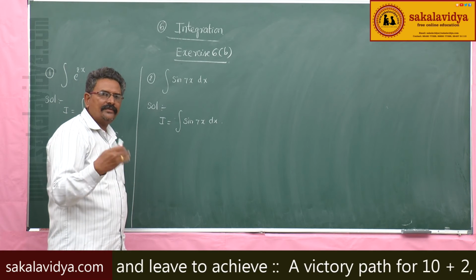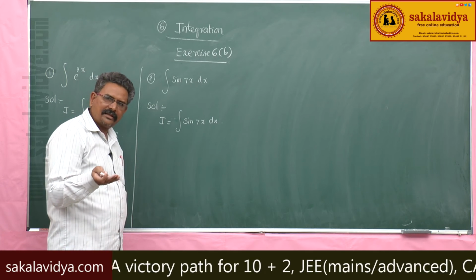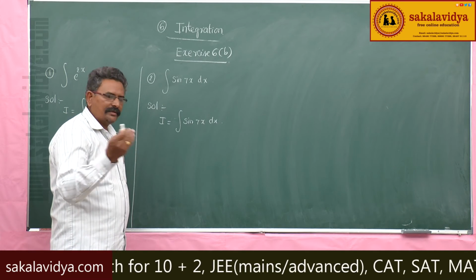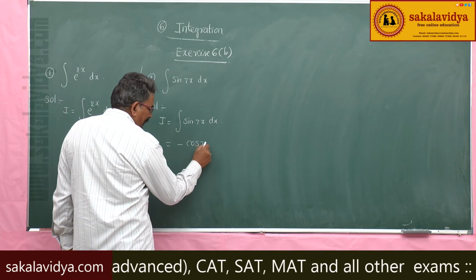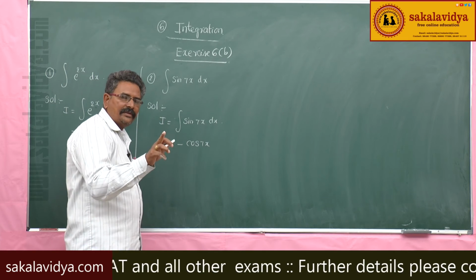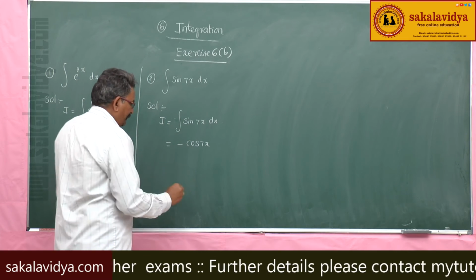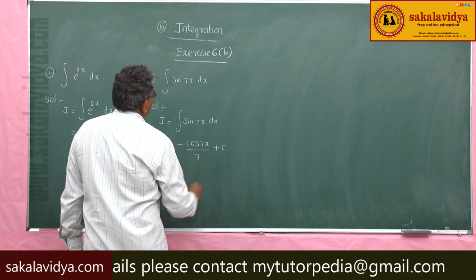Generally, the integral of sin x is minus cos x. So, the integral of sin 7x is also minus cos 7x, but here instead of x we have 7x. What is the derivative of 7x? It is 7. So, divide by 7, plus constant of integration.